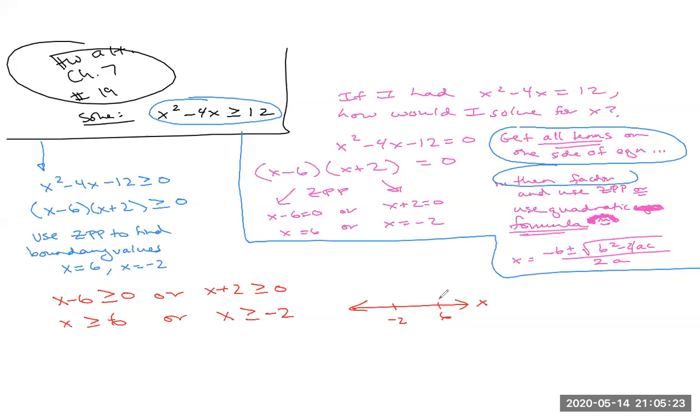I'm saying x can be greater than or equal to 6, or x can be greater than or equal to negative 2. Okay, no. You can't do that. I'm going to save a picture of that and erase that piece.